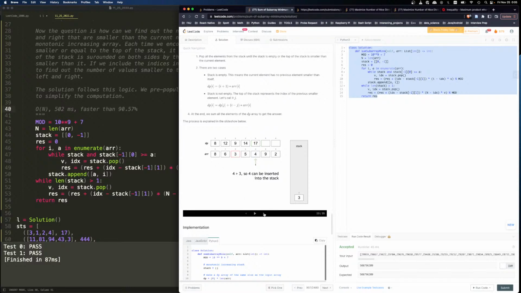So 9 comes in. I know 4 is the value for everything ending at 4. So 9 plus 17 will be 26. This will be 26. Yes.